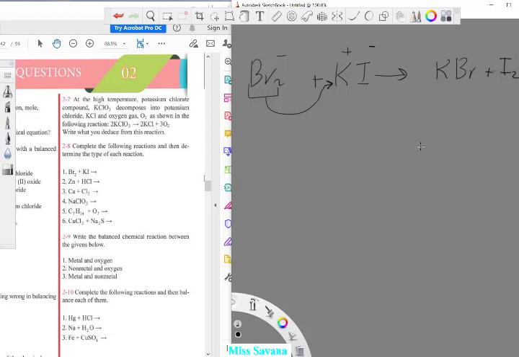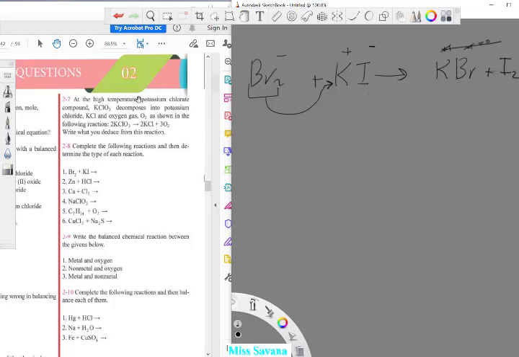Okay, now moving on to the balancing stuff. K is actually positive, okay, and Br is actually negative. So this is positive 1 and this is negative 1, so it's gonna be 0. So I really don't have to do the scissor thing. Okay, so I just balance the following equation.